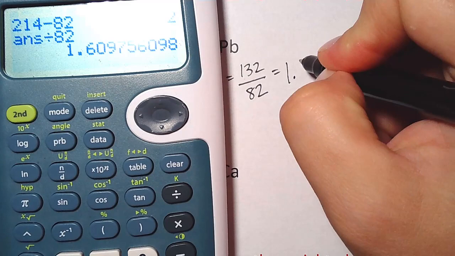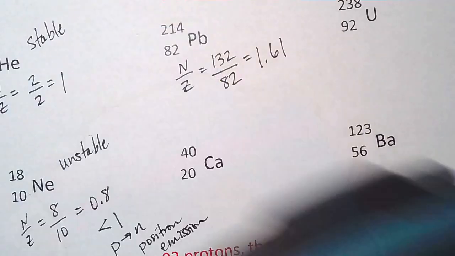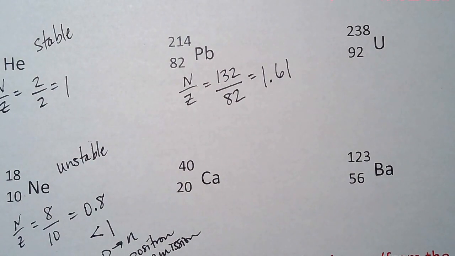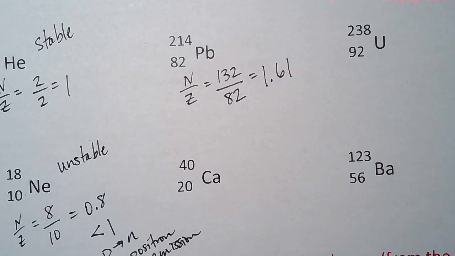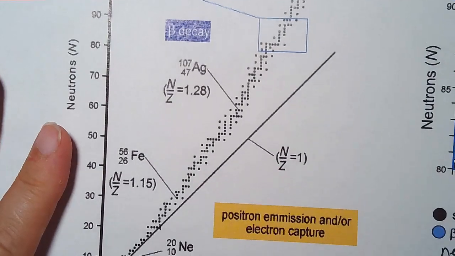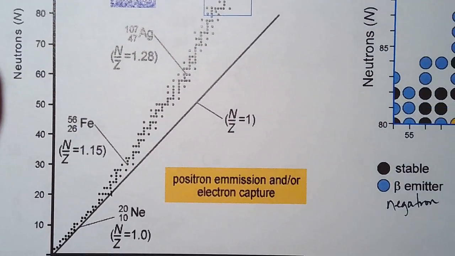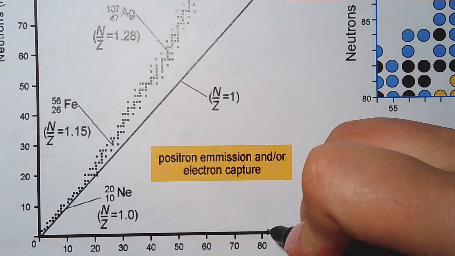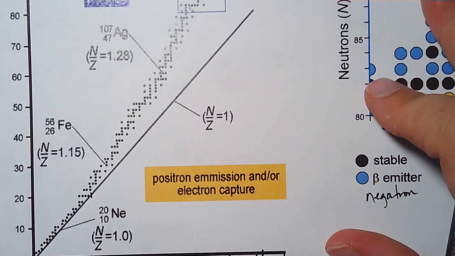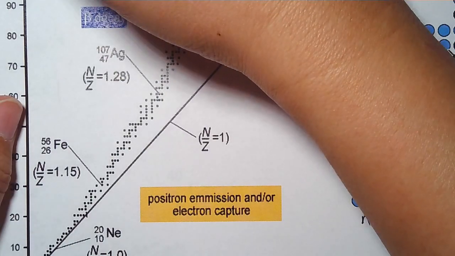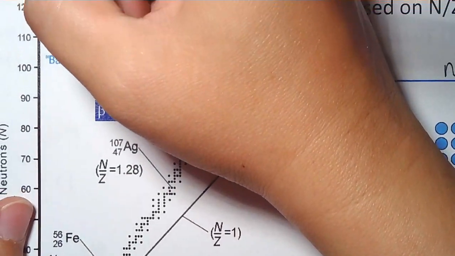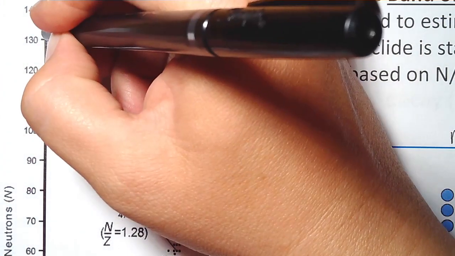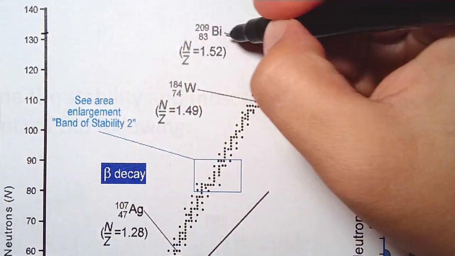Alright, so what do we think about that ratio? Let's go back and look at our band of stability. So 82 protons over here, 132 neutrons way up here. Here we go. So if we look where that is, that's up here somewhere.